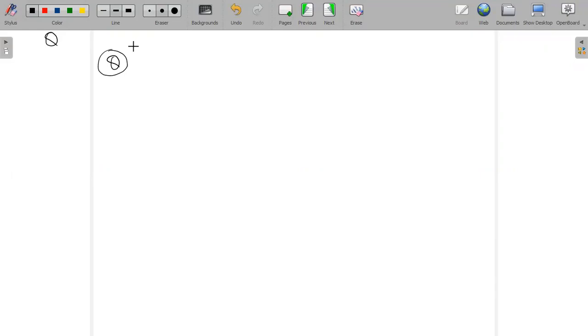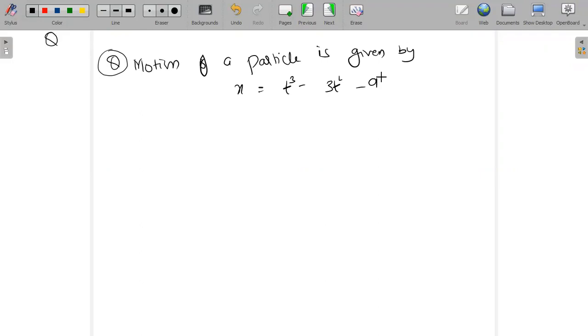In this question, they have clearly given the motion of a particle by the equation x is equal to t cube minus 3t square minus 9t plus 12.